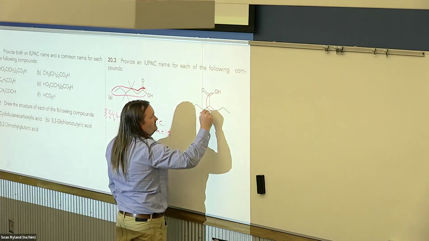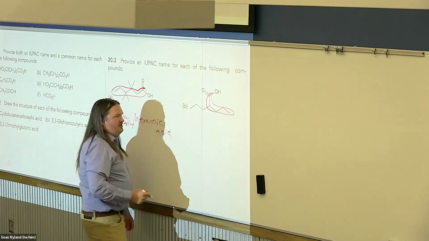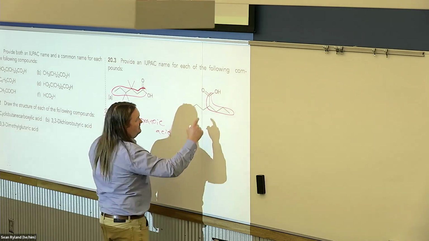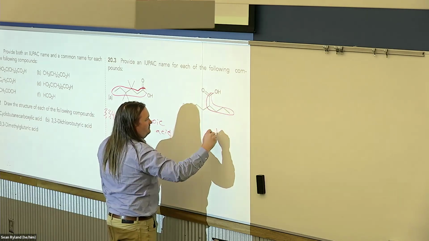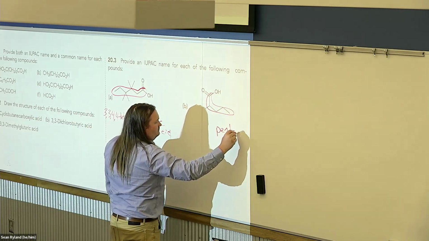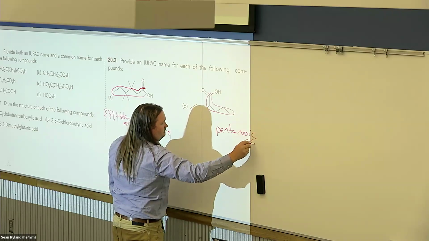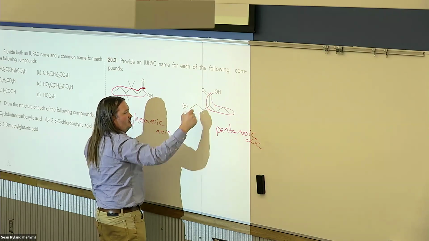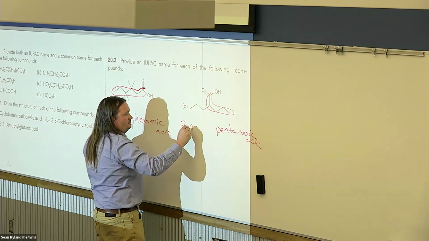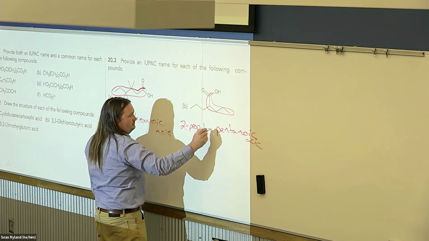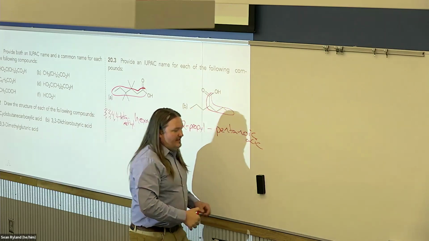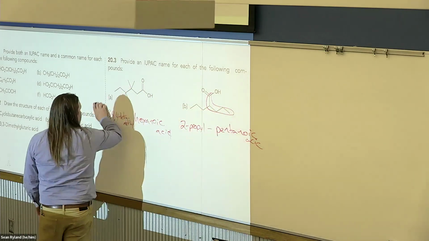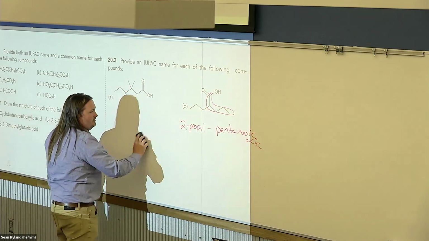Then here, the only trick is our longest carbon chain that starts with the acid, so it's only going to be pentanoic acid. And then with the propyl group, so two propyl. Easy enough, just more of the same, we just added acid to our toolbox.